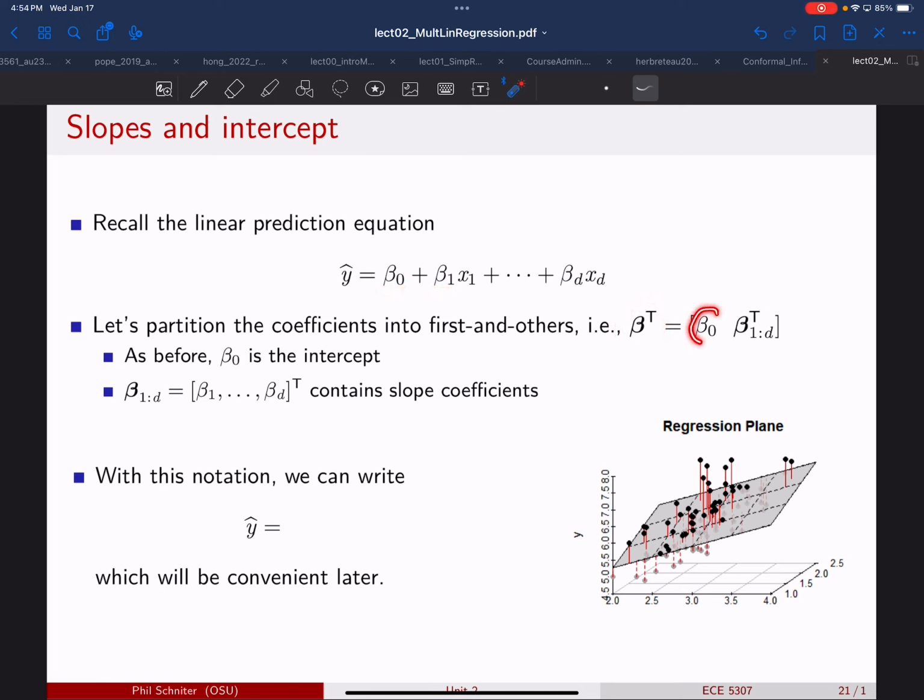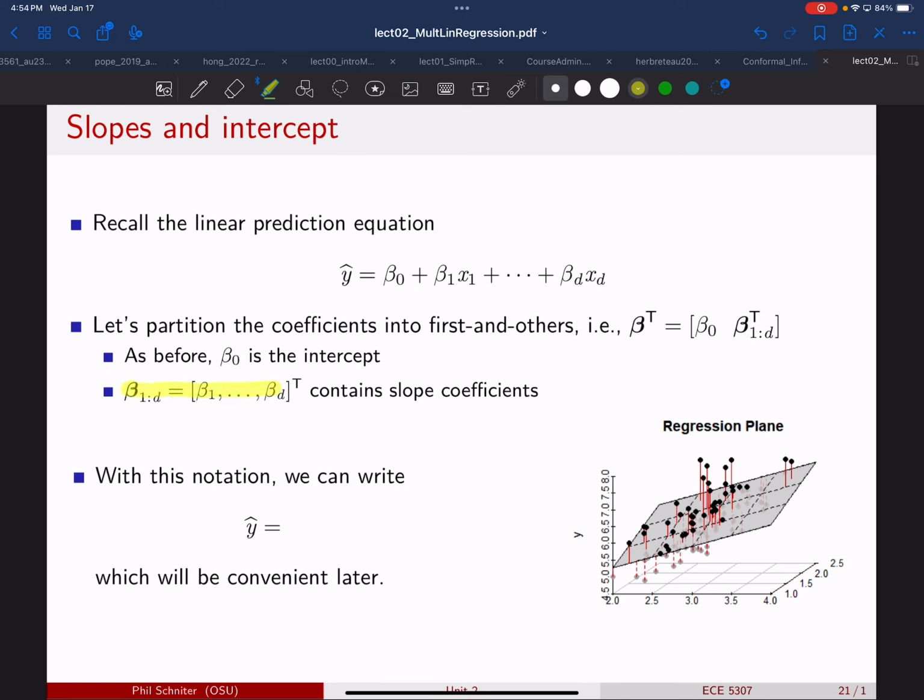The very first coefficient in that vector is obviously beta 0, but then we're going to come up with a new name for all the remaining coefficients. The notation is borrowed from what you see in MATLAB and NumPy. This beta 1 through d means a vector constructed from beta 1 through beta d that omits beta 0. So we're just looking at all but the first coefficient in the beta vector.